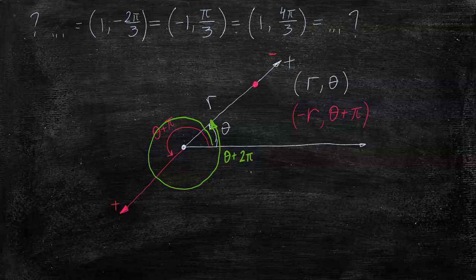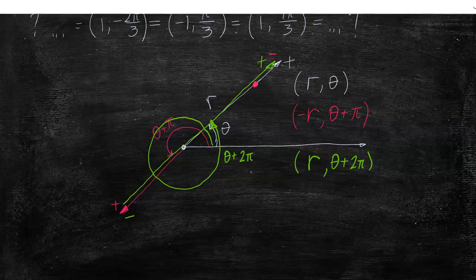And when you move this much, your positive direction now is your original positive direction, and your negative direction will again be the original negative direction. So if you give it an extra 2 pi radian spin, then you have to make it r again.